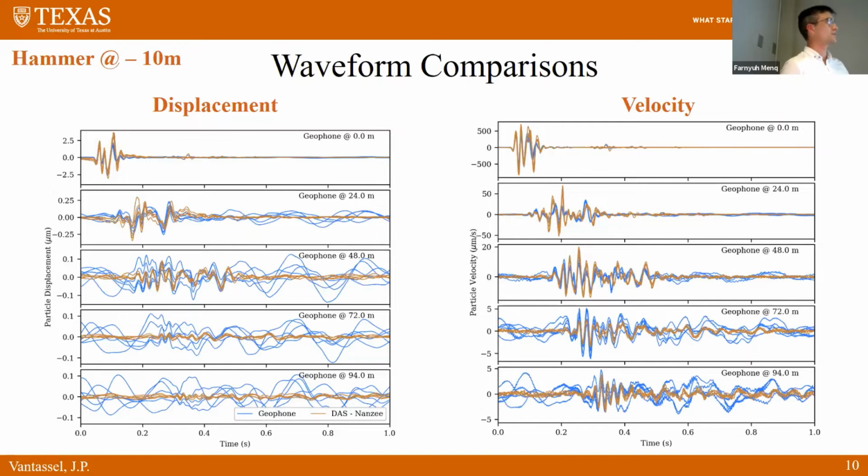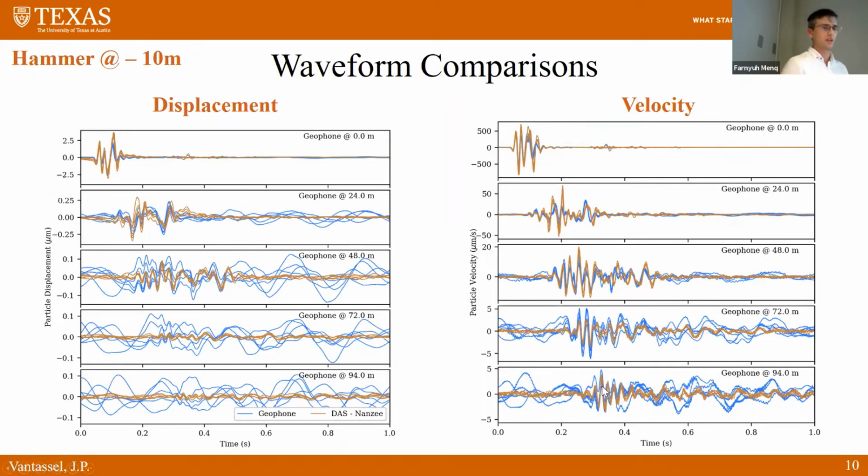To show a slightly different comparison, this is with the sledgehammer. The sledgehammer, as I mentioned, has a much lower force output, so we have a much lower signal to noise ratio. What you can see is as we go further along the line, this is geophone 0 up here at the top and geophone at 94 meters. If we look over here at the velocity, these blue lines, which again are the geophone data, can be quite noisy at those further offsets.